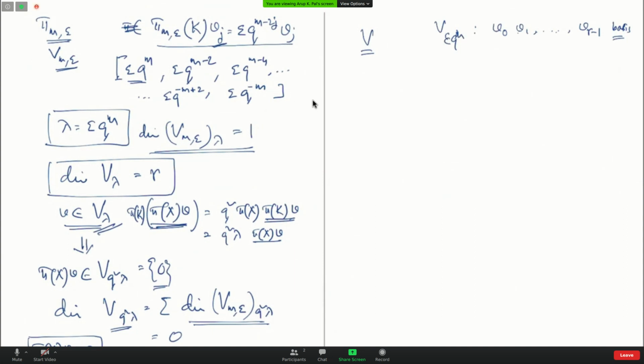Okay. Now what do you do? So the idea is that you will push each of these vectors with π of the whole algebra.